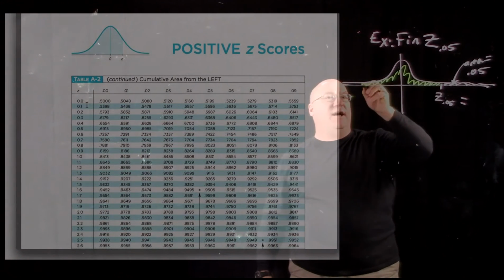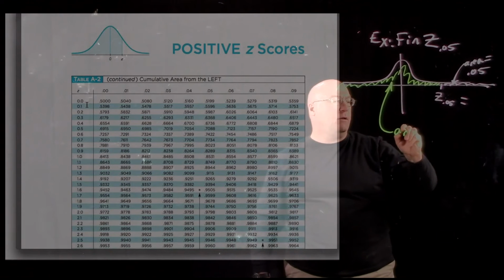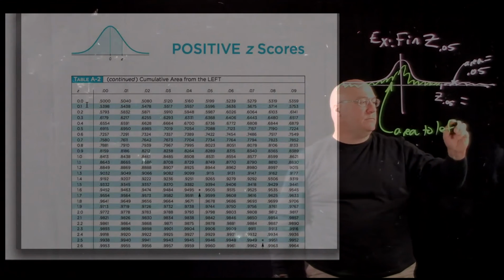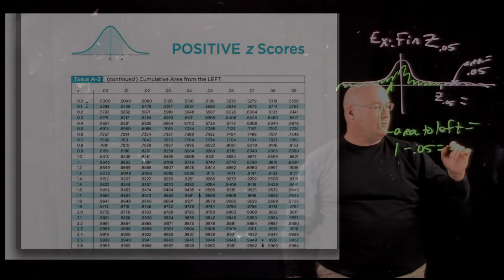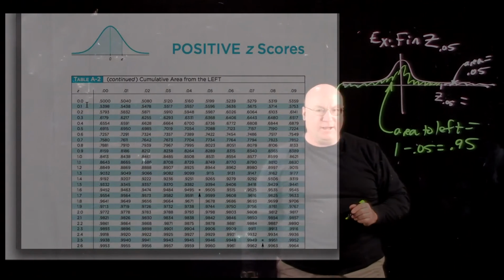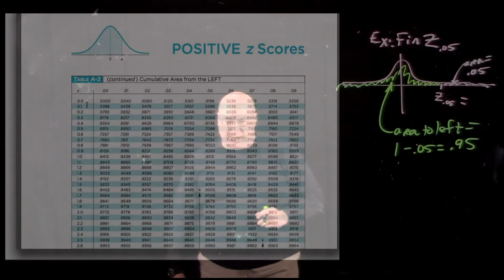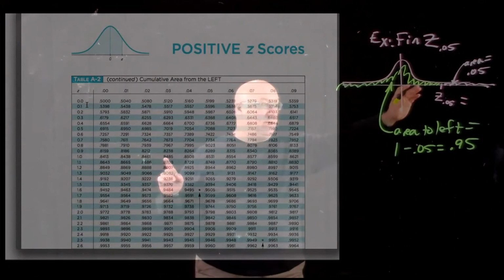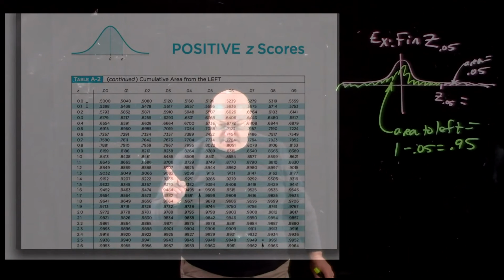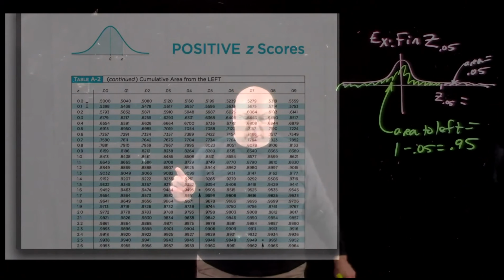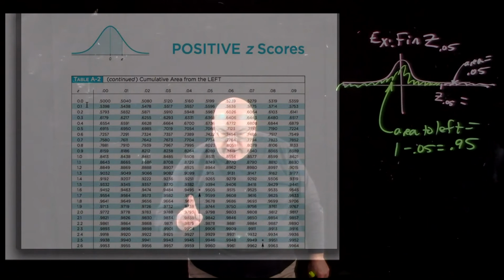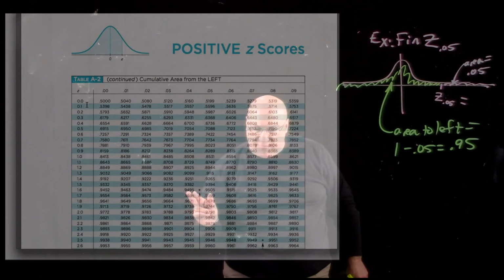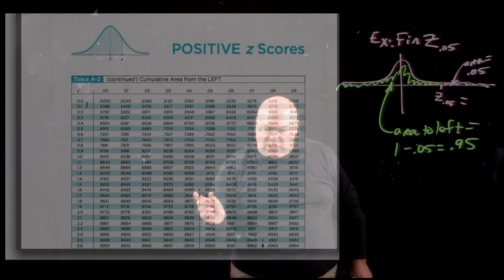So the area to the left is 1 minus that area, so it's 0.95. Let me go to my chart. Certainly I have a positive z-score, so I'm in the right half of the chart. And I want 0.95. So what do I have? I have 0.9495 and 0.9505. So it's really right in between.